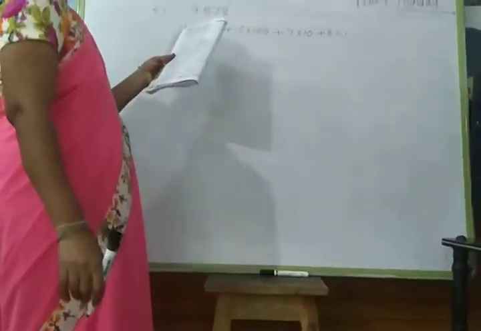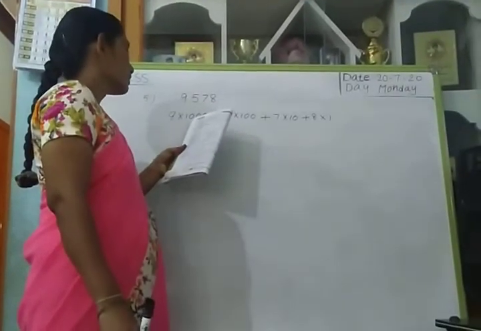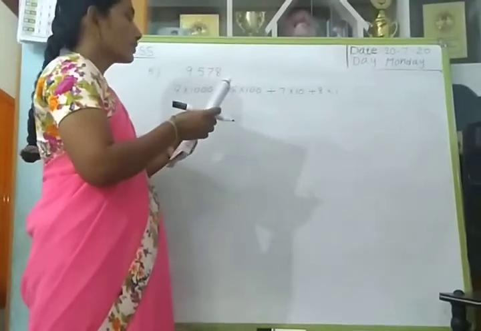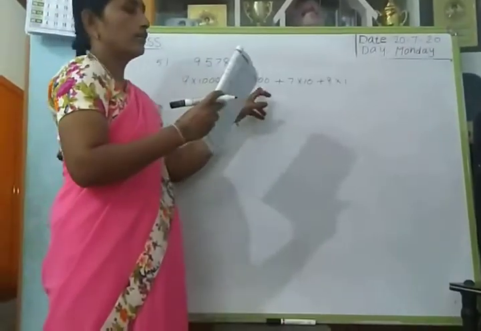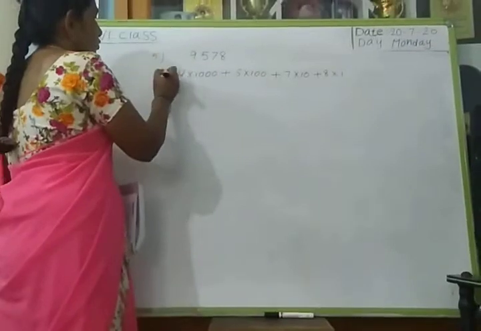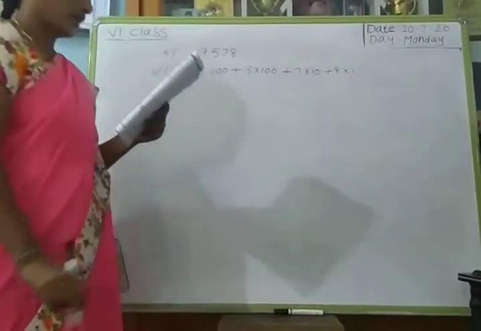In the first option they gave 10,000, so it is wrong. The second option is 9 into 1000 plus 5 into 100 plus 7 into 10 plus 8 into 1. So option B is correct.